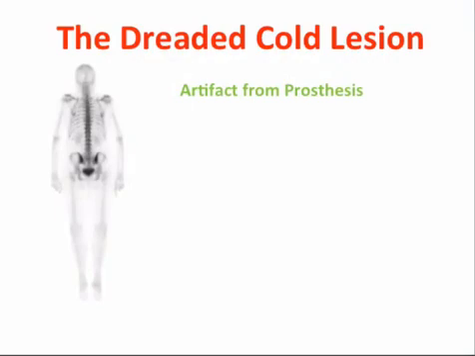So, artifacts, like from a prosthesis, like a shoulder prosthesis or hip prosthesis, in those classic locations. The spine, you think about radiation change, especially if it's a full segment of like 6 vertebrae.